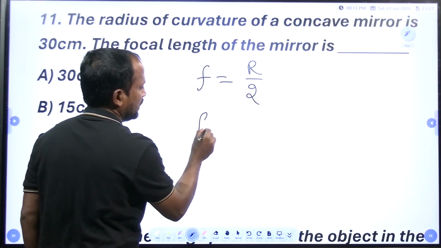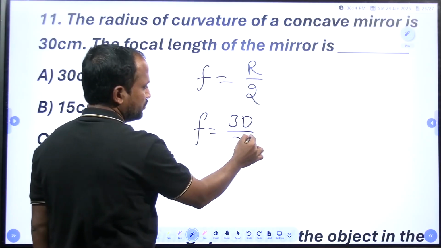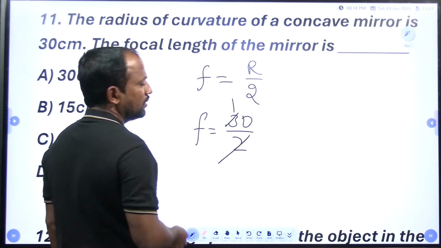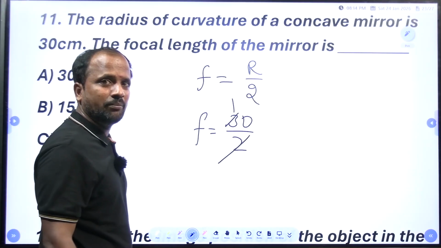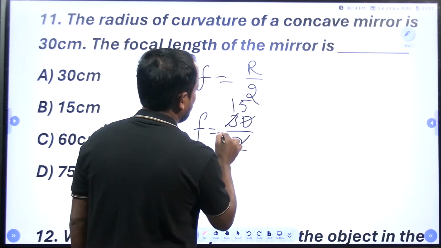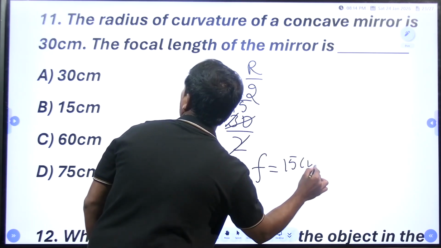So the focal length F is equal to 30 divided by 2. You have to divide by 2. 2 ones are 2, remainder 1, so it becomes 10. 2 fives are 10. So finally the F value you get is 15 centimeters.